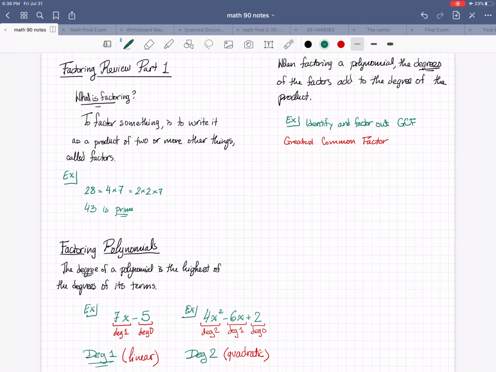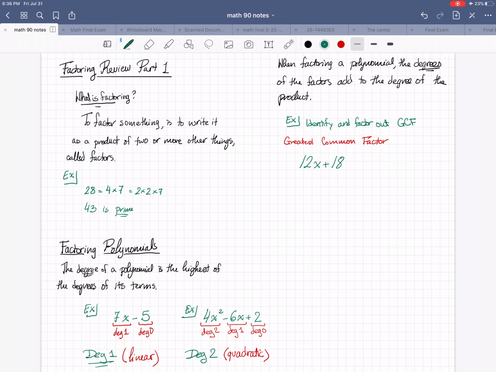So we're going to look at a few examples here. Say we have 12x plus 18. Okay. So what are we looking for when we look for the greatest common factor? We are looking for something, maybe a number, maybe a whole term, that is a factor of every single term of the polynomial.